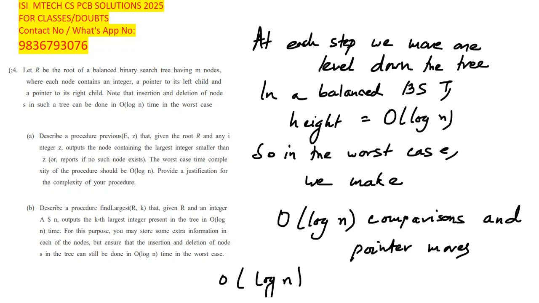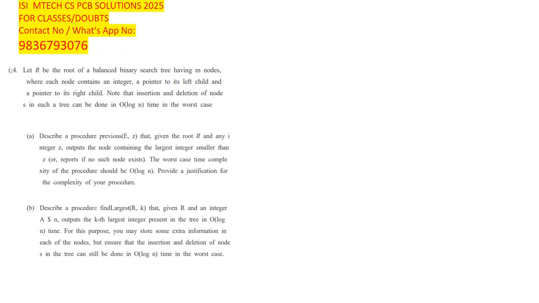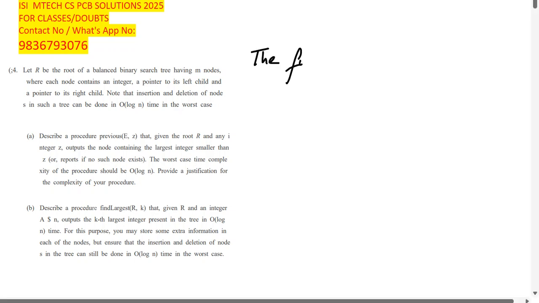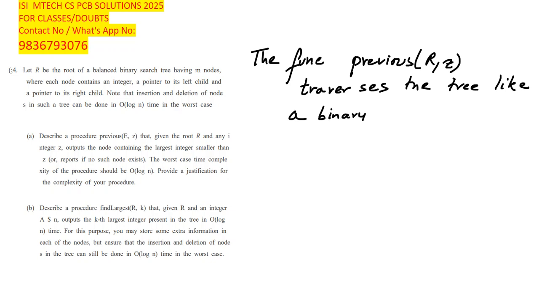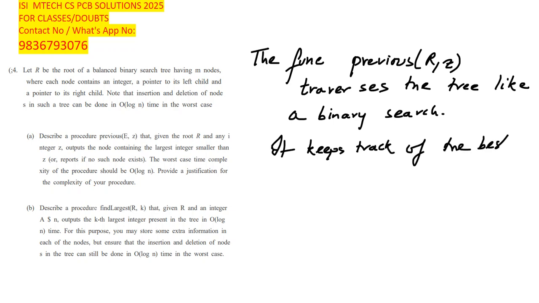So here the function previous traverses the tree like a binary search. It keeps track of the best predecessor found so far.